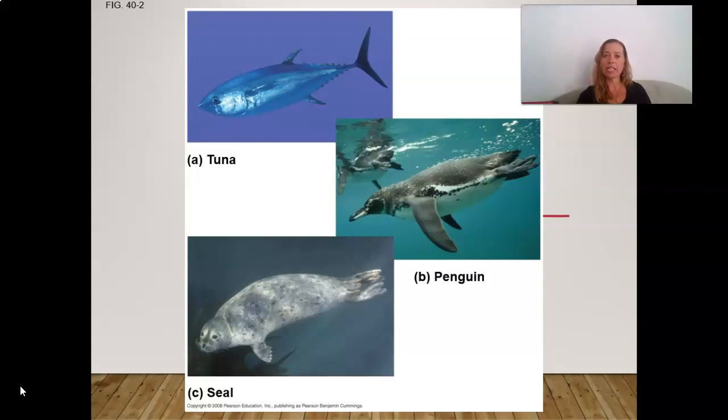Now, although they aren't related, they share these characteristics because a sleek body is what's necessary for swimming quickly in the ocean and escaping predators. The ones that had a sleeker body are the ones that are going to survive. The ones that express the right genes for the right time are the ones that are going to survive.